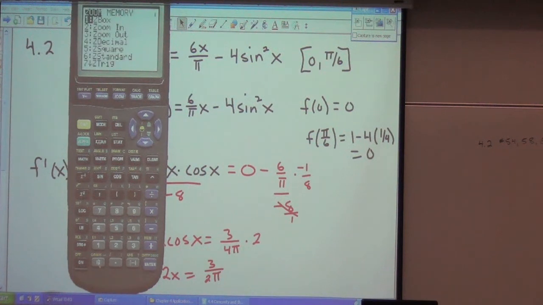Maybe zoom fit. Why did that not go back down to 0? Oh, you forgot the 4 in this?